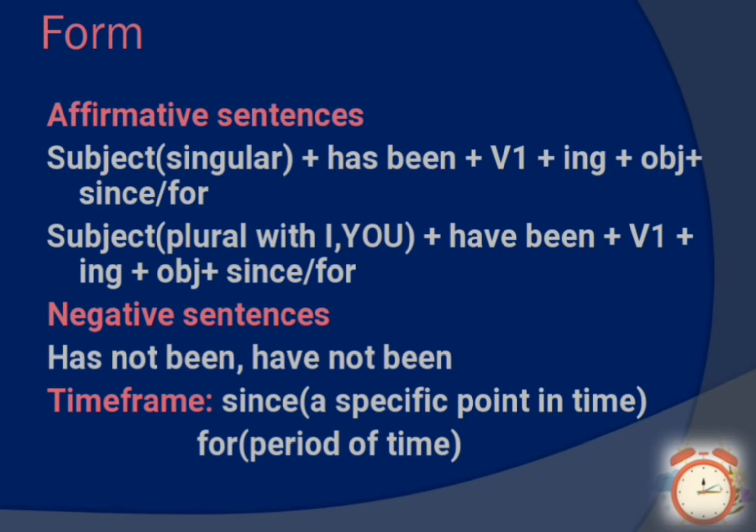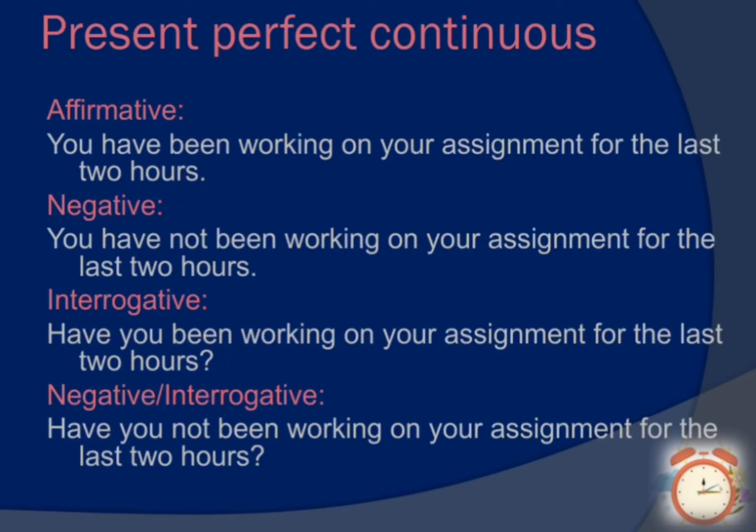Let's see in examples. The sentences for present perfect continuous. Affirmative. You have been working on your assignment for the last 2 hours. Negative. You have not been working on your assignment for the last 2 hours.